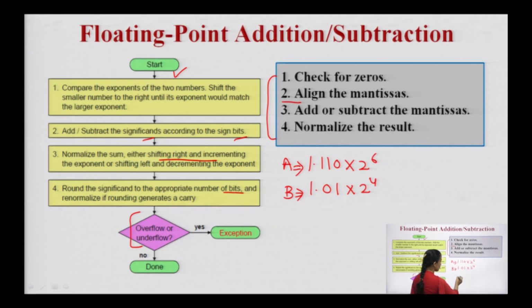So A will remain the same because 6 is greater than 4, and the second number will become 0.0101 into 2 to the power 6.